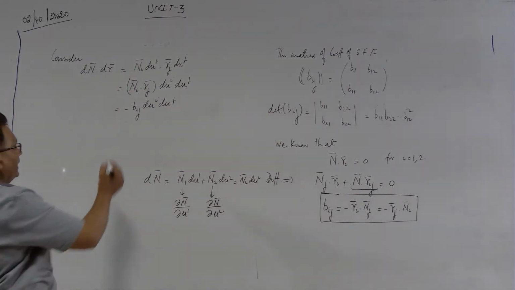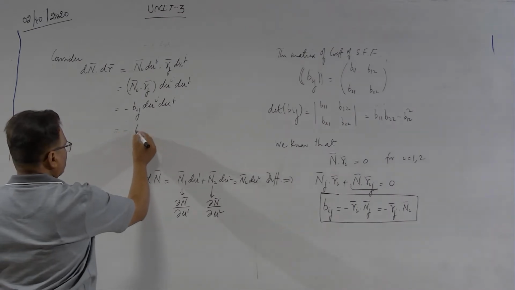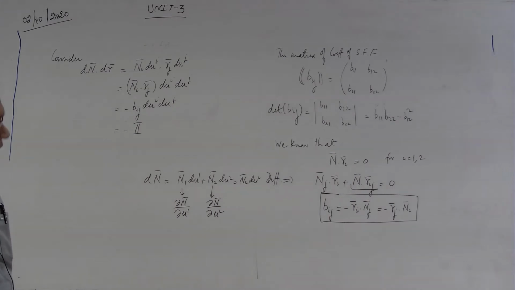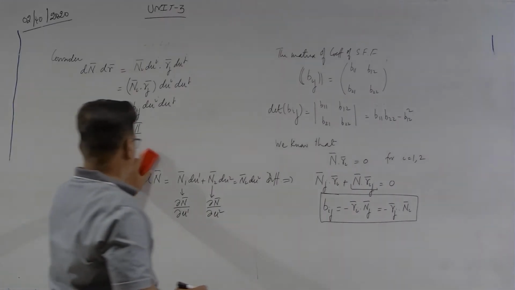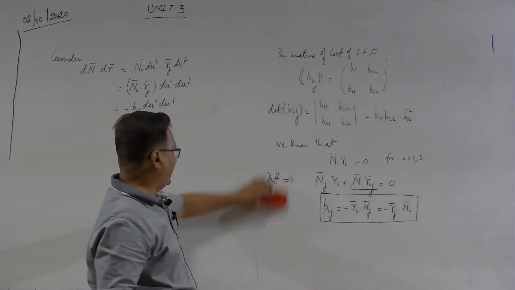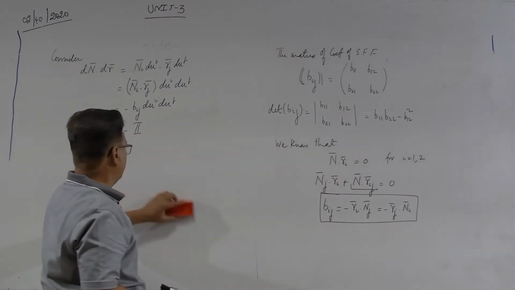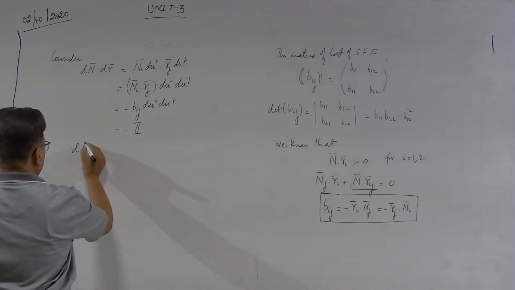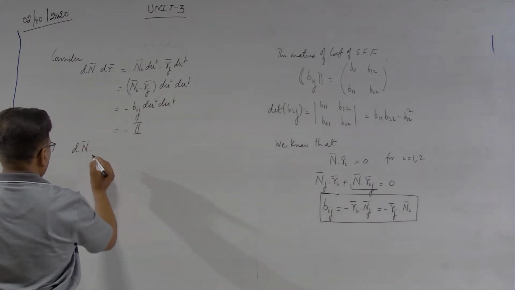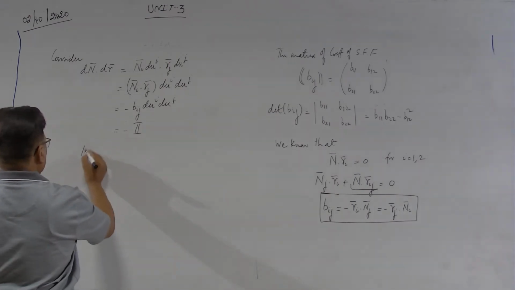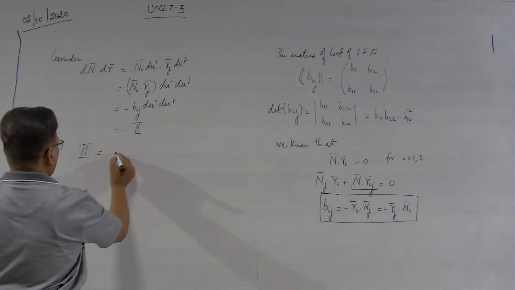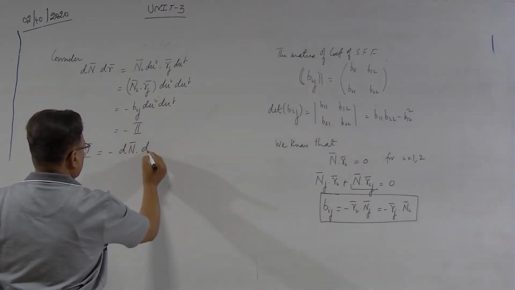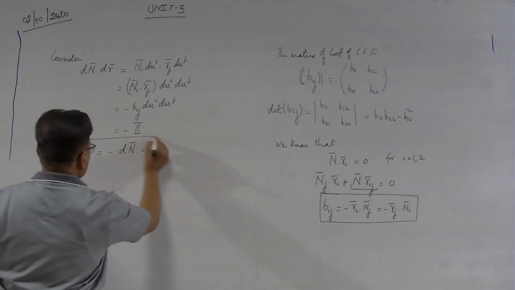So, the right side is actually minus the second fundamental form. So, the second fundamental form can also be written as minus dn dot dr. This is also an important relation which we should keep in mind.